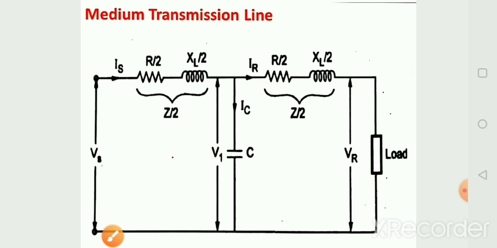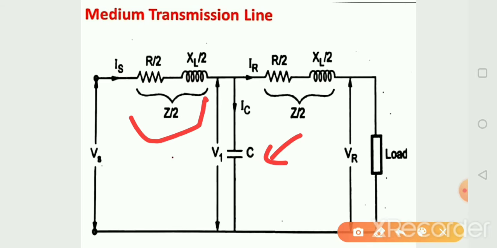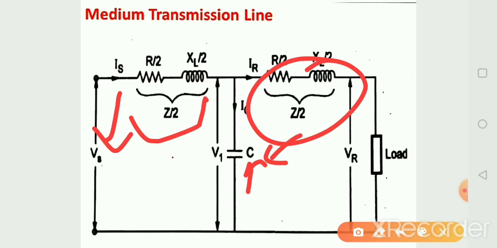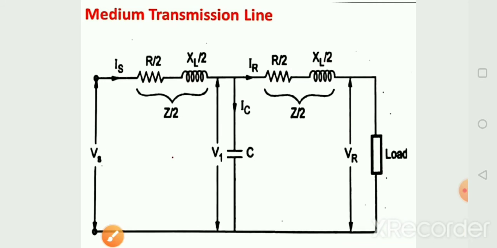It means the total capacitance is placed at the center point of the line, where half of the line resistance and reactance are lumped on either side of the capacitor. So half the resistance will be at the sending end side and half at the receiving end side, and C will be exactly at the center in the T network.